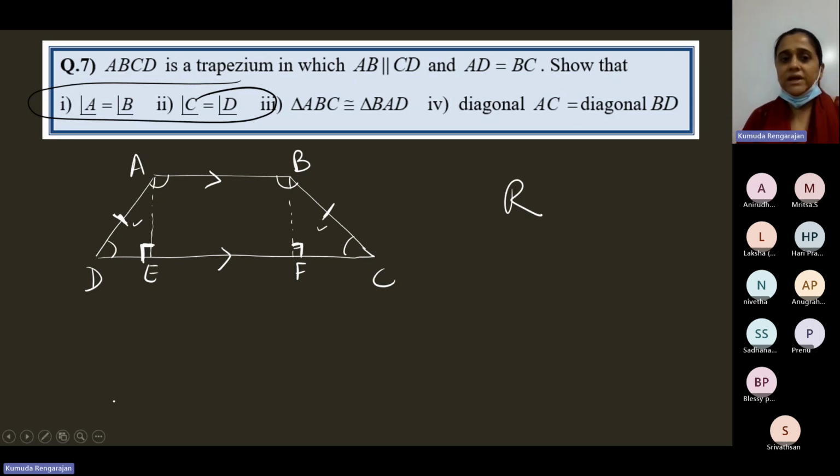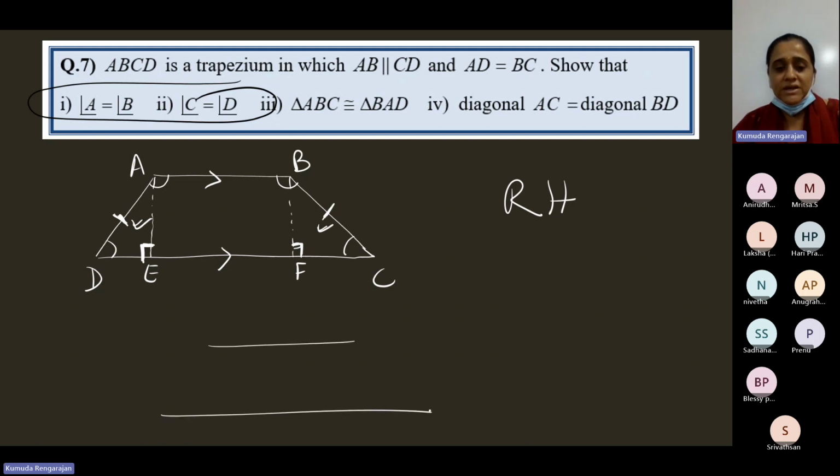AD equals BC is given. So RH. And some other side, AE of this triangle is equal to BF of this triangle, because AB and CD are parallel lines and this is the perpendicular distance between the parallel lines. They will be equal. The perpendicular distance between two parallel lines is the same everywhere.